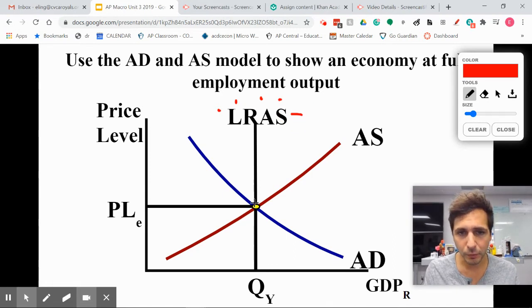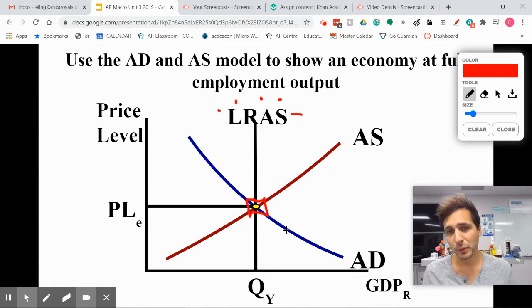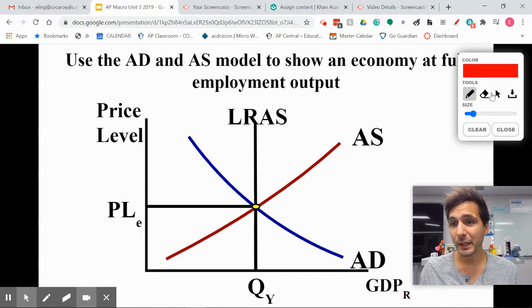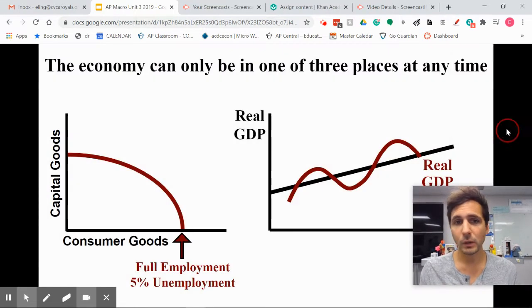And if we are currently producing on that curve, then we'll be at full employment GDP. We call this the triple intersection, where aggregate demand equals aggregate supply equals long run aggregate supply. If we are not here, we are either in a recessionary gap or an inflationary gap. And that means our economy has some work to do.